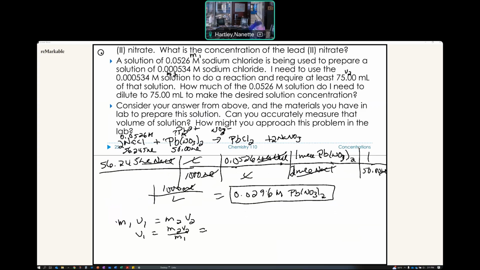I know that my M2 is 0.000534 molar. I know the V2 is 75.00 milliliters. And my M1 is 0.0526 molar. Okay, now I'm going to do the math and see what I get.